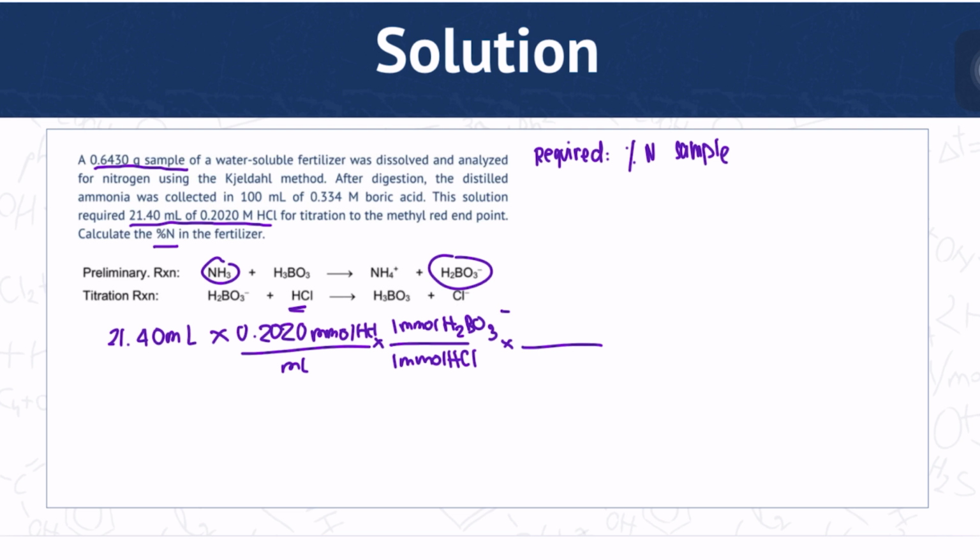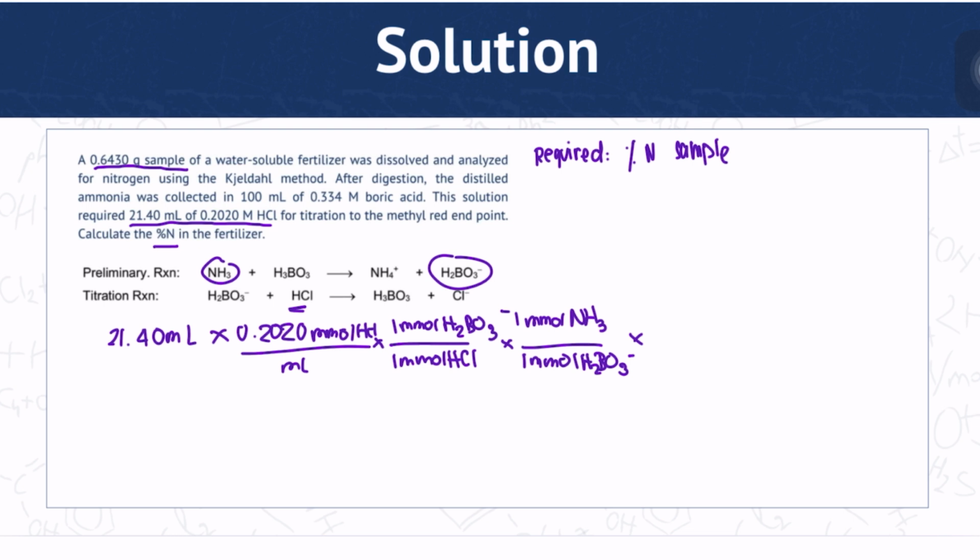So going back, 1 millimole of H2BO3 is stoichiometrically related to 1 millimole of NH3 ammonia, meaning for every millimole of ammonia, you get 1 millimole of H2BO3. And there, you can know the amount of NH3 in your solution.